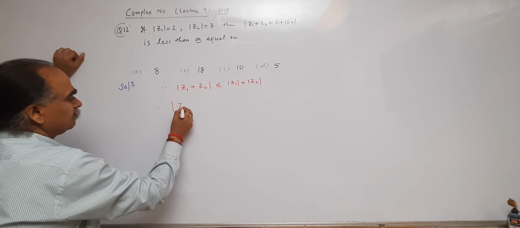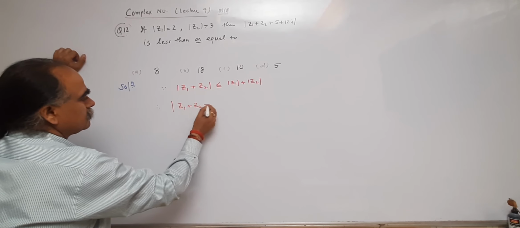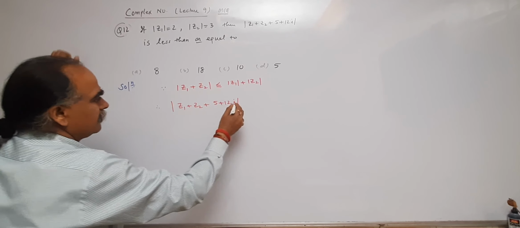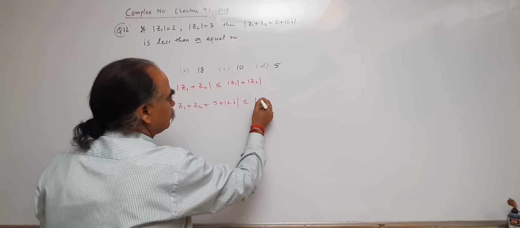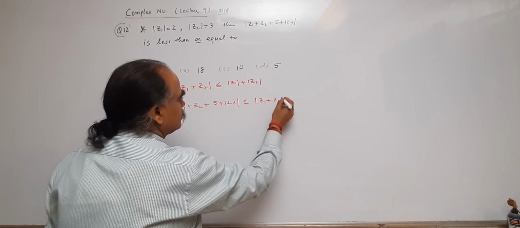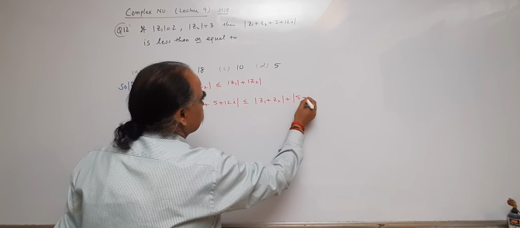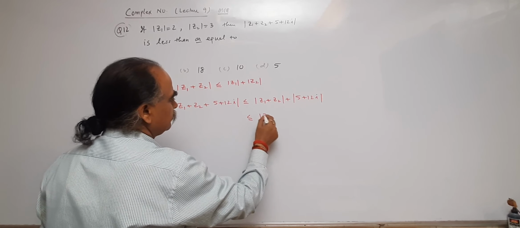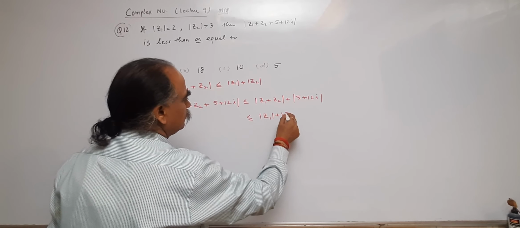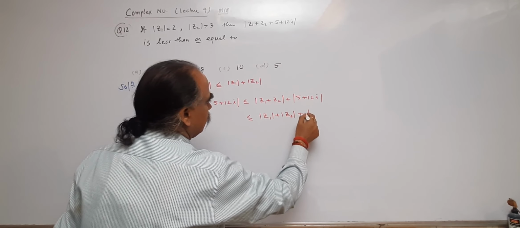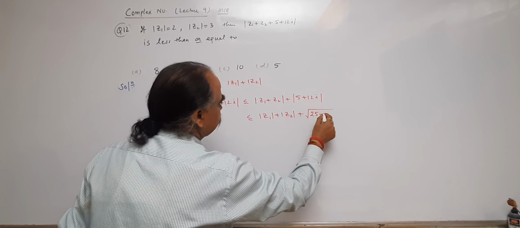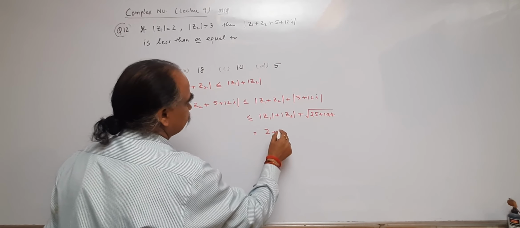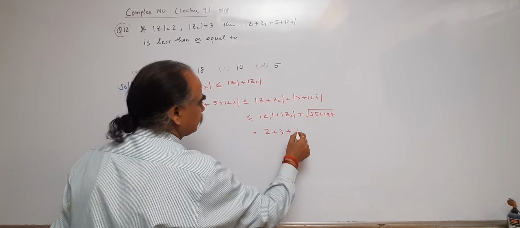Therefore, modulus of z1 plus z2 plus 5 plus 12i is less than or equal to mod z1 plus z2 plus mod 5 plus 12i, and this is less than or equal to mod z1 plus mod z2 plus root of 25 plus 144, which is equal to 2 plus 3 plus root 169, that is 13.